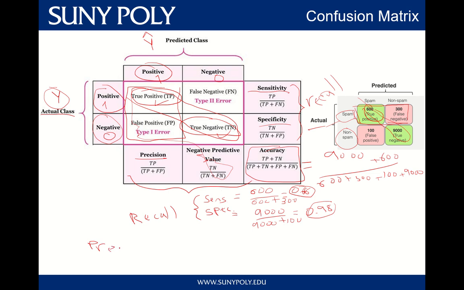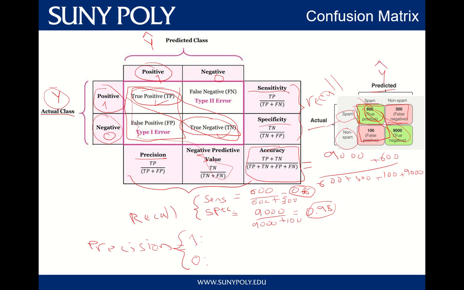So the precision. We're going to find the precision for the two of them, for the positive cases and for the negative cases. For the positive cases, it's going to be equal to 600. Now we look at the column, because in the columns we have the prediction, y hat, predicted, right?